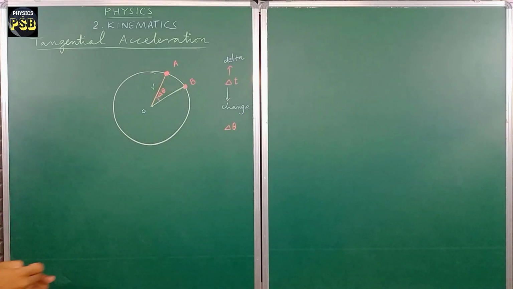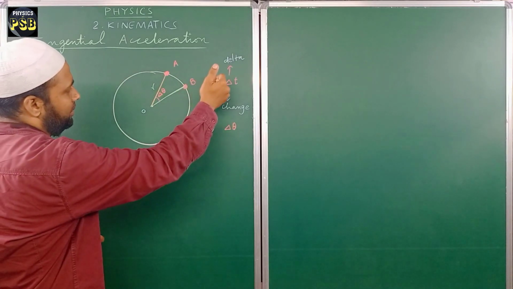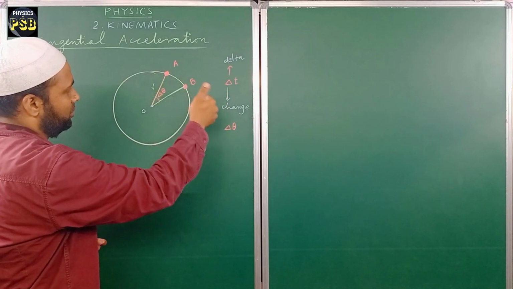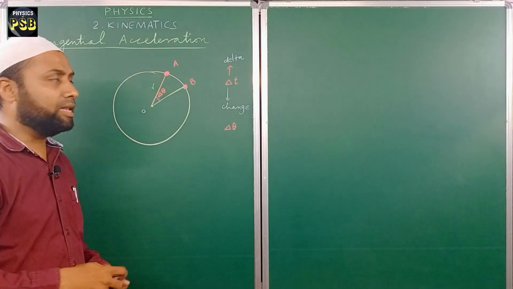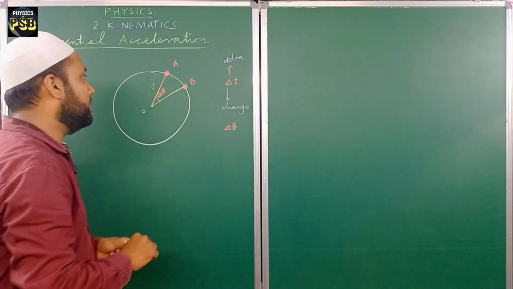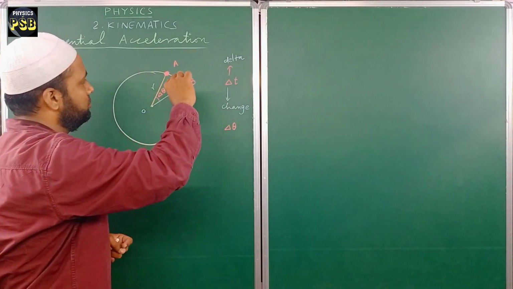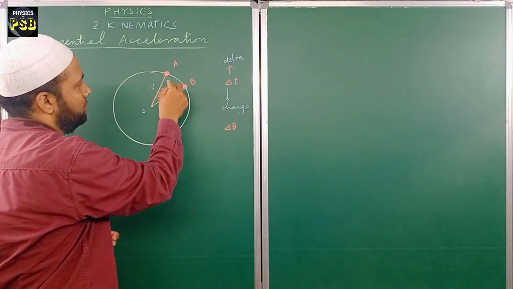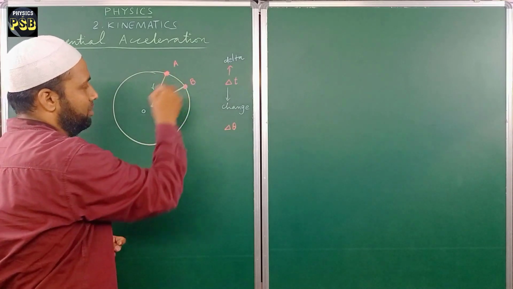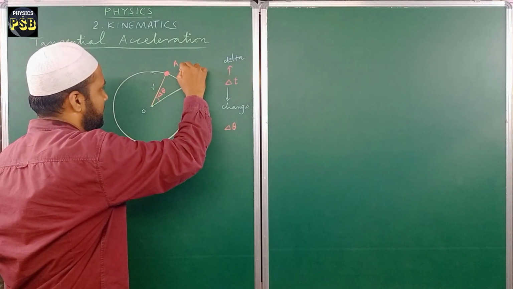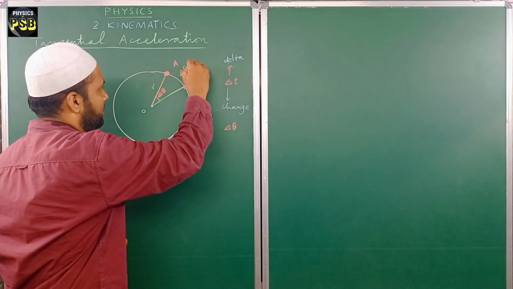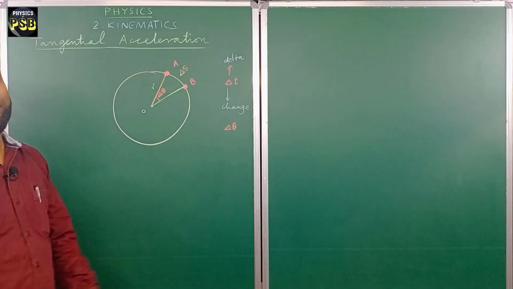Now I'm going to relate these three things: delta theta, r, and the arc length. Here, the arc length, the distance between A and B along the circumference, is taken as delta s. Clear?